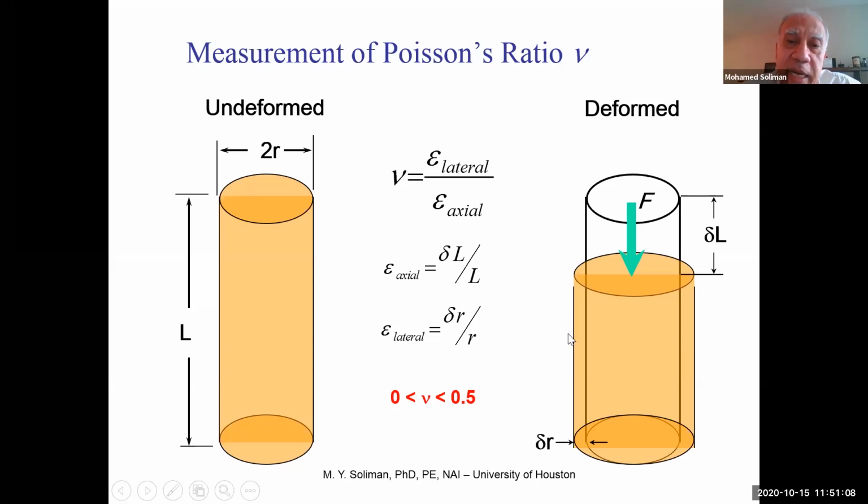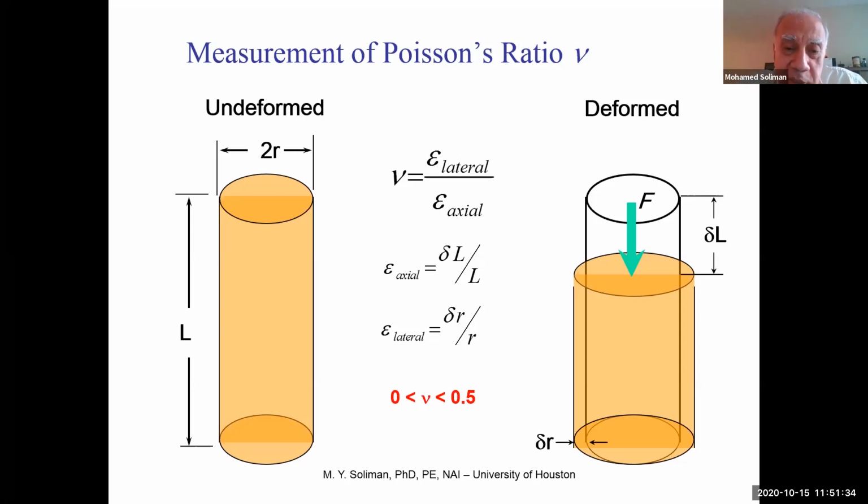If I take the ratio of the lateral strain divided by the axial strain, that gives me what we call Poisson's ratio. Poisson was a famous French mathematician, back in the 1700s or so.